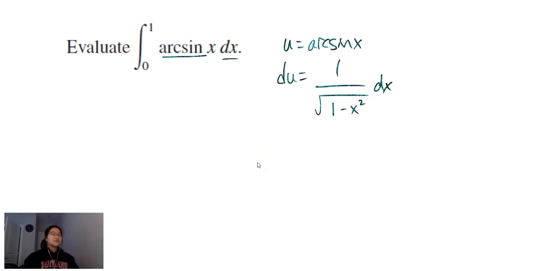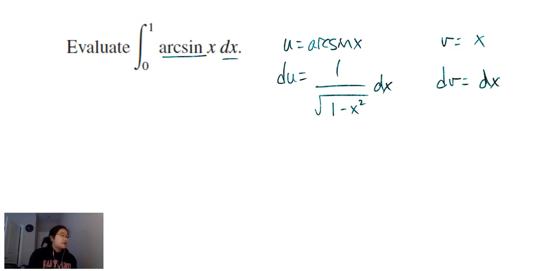We have dv is dx, because that's all that's left over, and then v is x. But do we change the variable that we're integrating with respect to? No, we did not. So we can keep our bounds the same, because we're not doing a u substitution. Yes, we're using u, but it's not a u substitution. And so our bounds can still stay in terms of x.